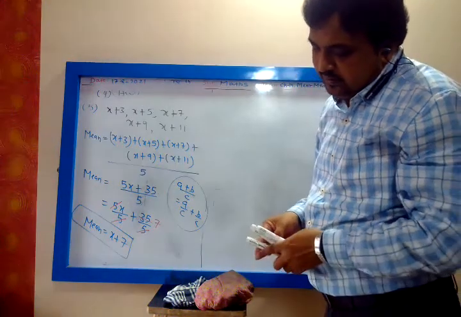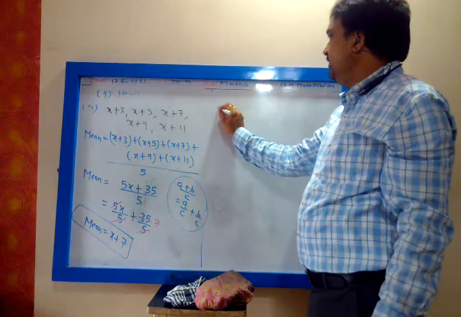Now the different values of variable x are, okay, sixth one.